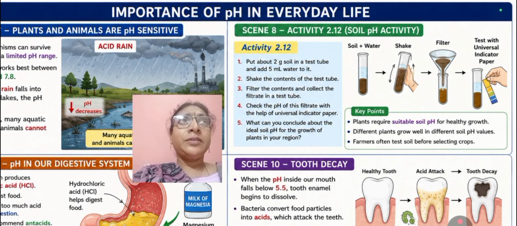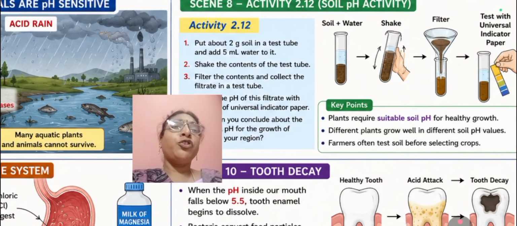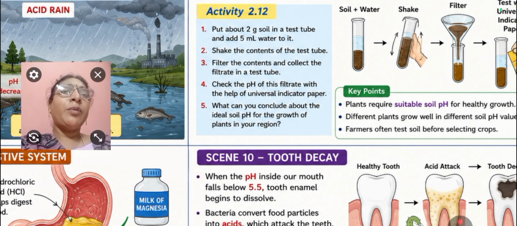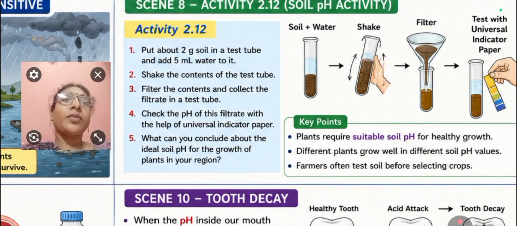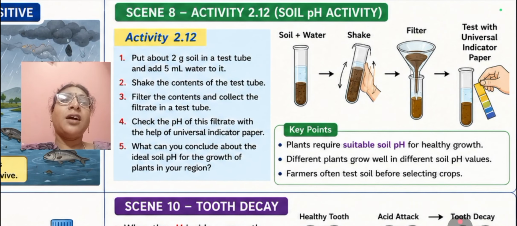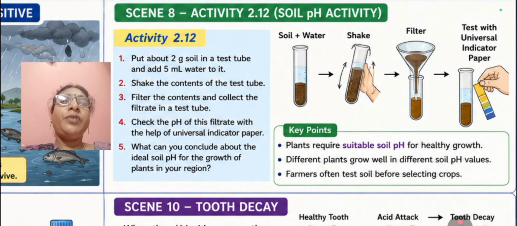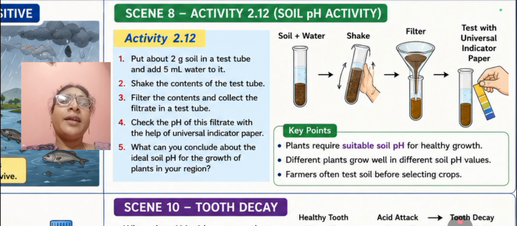Then they put the seeds in the ground. Put about 2 grams of soil in a test tube and add 5 ml of water to it. Shake the contents of the test tube. Filter the contents and collect the filtrate in a test tube.